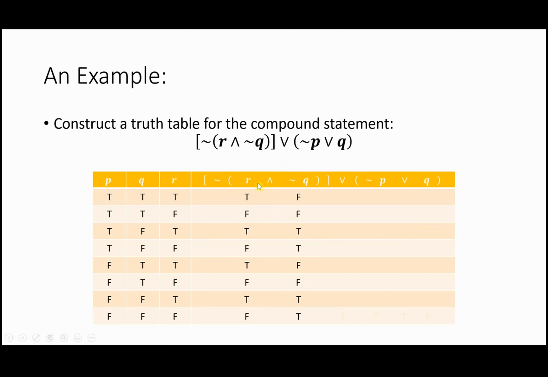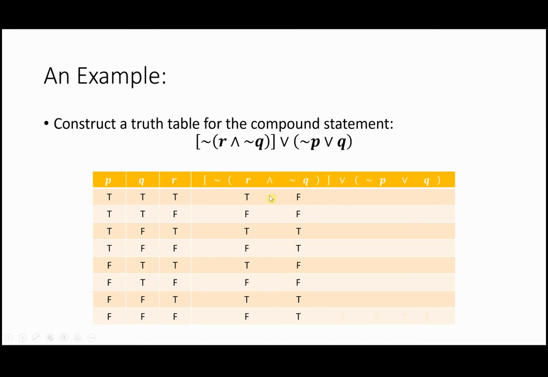in regard to this connective, which again, the rule for the conjunction, the and connective, is you have to have both true to be true. So just take this first space, for instance, and focus on this T and this F. If you join a true with a false, what is going to be the truth value of that conjunction?